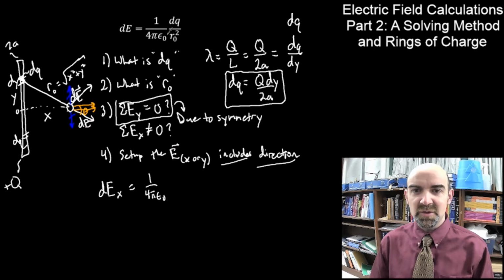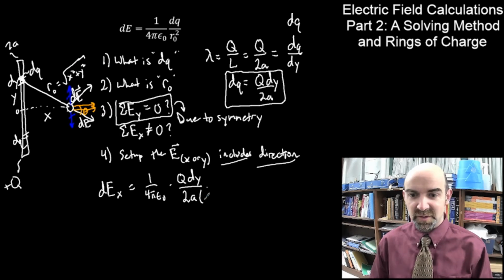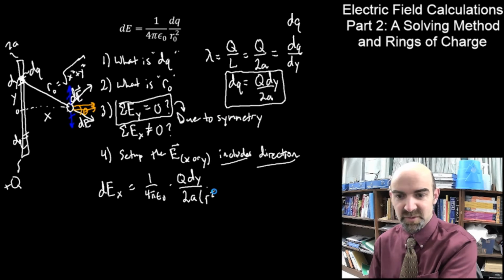But instead of dq, we're going to substitute in our dq value, which is Q dy divided by 2a, and divided by r naught squared. Now r naught is the square root of x squared plus y squared, so r naught squared would be just x squared plus y squared.